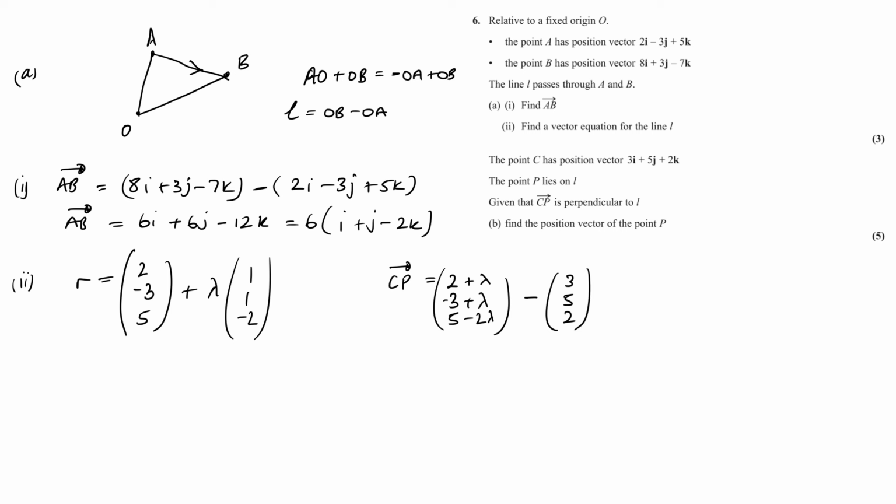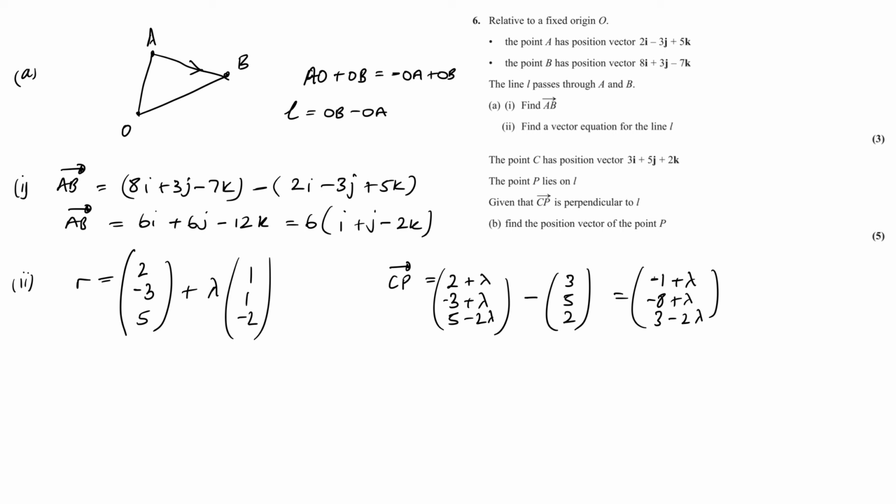So that is going to be minus 1 plus lambda, minus 8 plus lambda, and 3 minus 2 lambda. There we have our C to P.